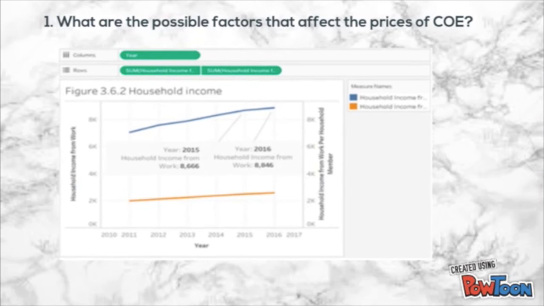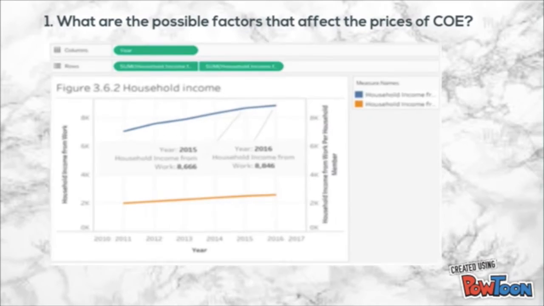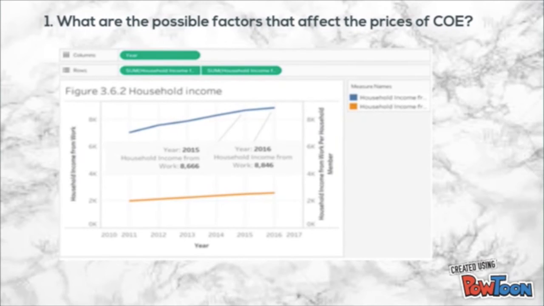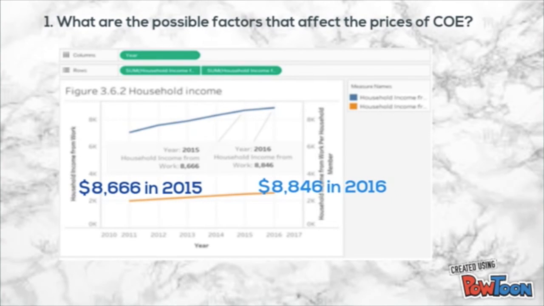There is another factor that also plays a vital role in the increase in pricing of COEs, which is the increase in household income. According to an article by the Department of Statistics Singapore, the median household income is increasing over the years from 8,666 in 2015 to 8,846 in 2016.